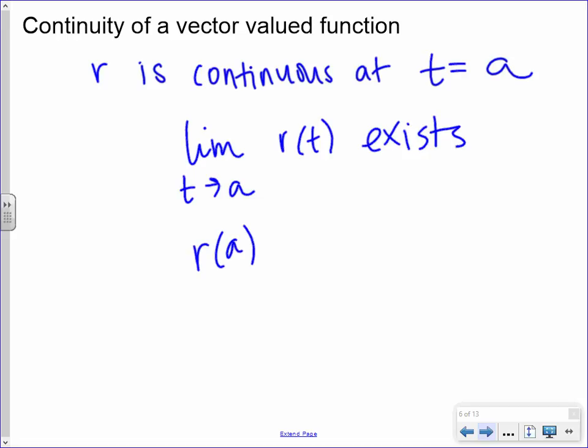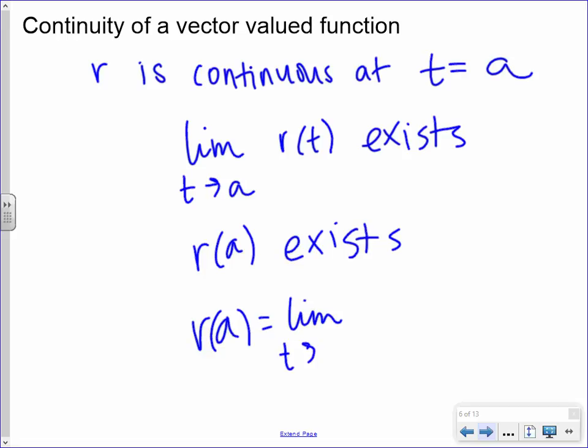Number 2, r of a exists. And number 3, r of a equals the limit as t approaches a of r of t. Okay, same three conditions, except now we're dealing with a vector value.